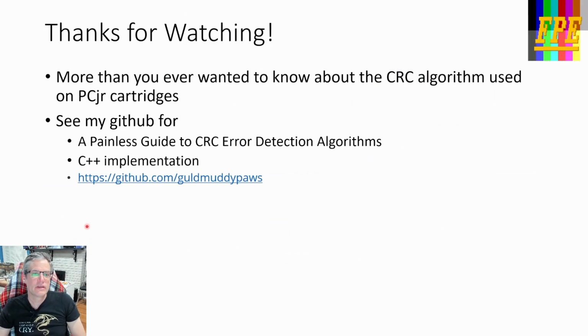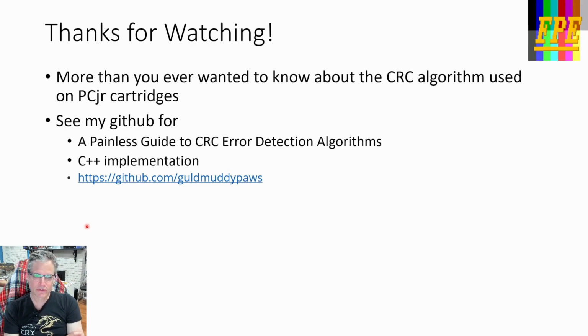All right, so in conclusion, that's what the PCjr is doing. It was quite interesting to go through this, starting off with no idea how a CRC algorithm worked. It's been a long time since I've worked with anything like this. And it threw me for a loop, pardon the pun, just because the PCjr routine wasn't doing anything that looked like any of the CRC algorithm information I saw.